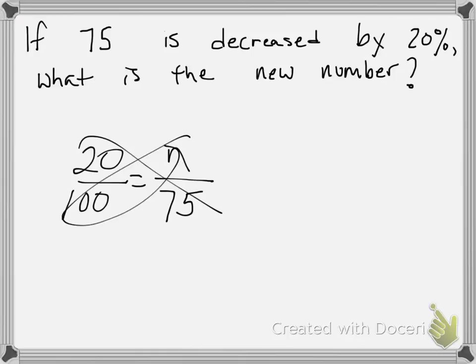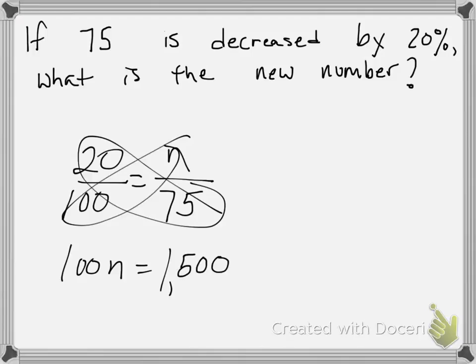So I still do my cross multiplying here, and I'll have 100n equals 1,500, and to figure out n, I'm going to divide both sides by 100, and this is going to give me n equals 15.